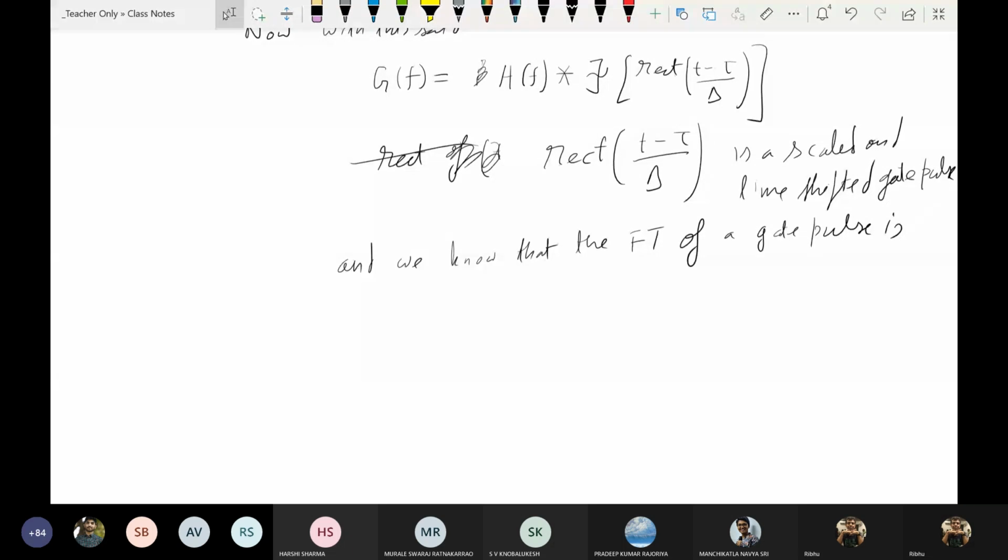Okay, cool. Navya, what is the Fourier transform of a gate pulse? Navya, come on. Gate pulse, yes. The first thing that you derive, or the first thing that you see in practice questions. Sinc function, Pavan. Thank you, Pavan.